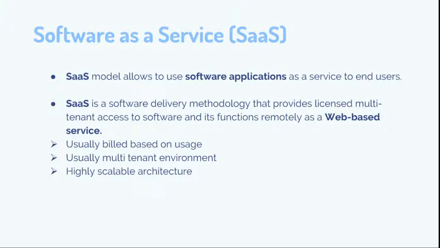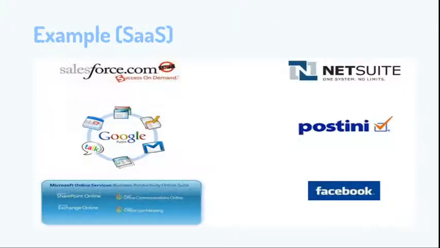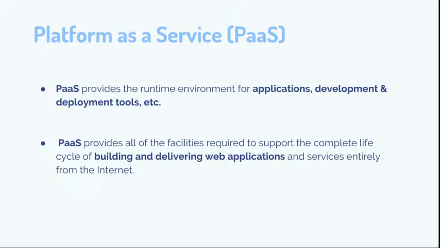They provide it using web-based services, usually with build-based usage and usually a highly scalable architecture. These are some examples of software as a service. I already told you about Google Apps. So these are the software as a service. And then platform as a service.